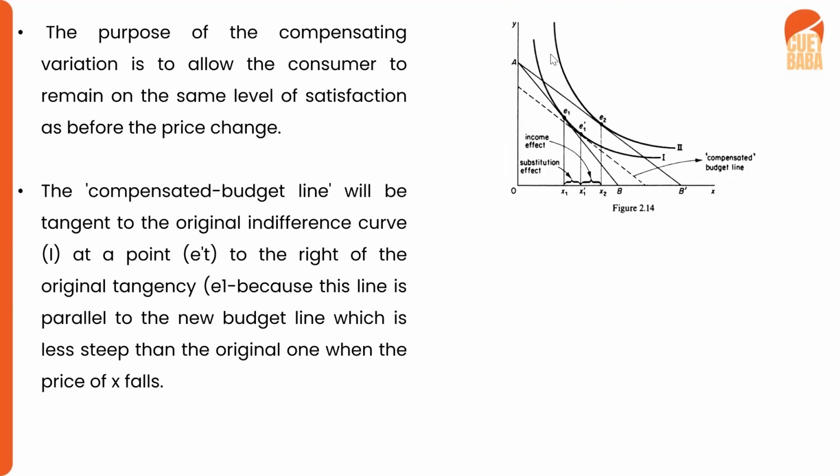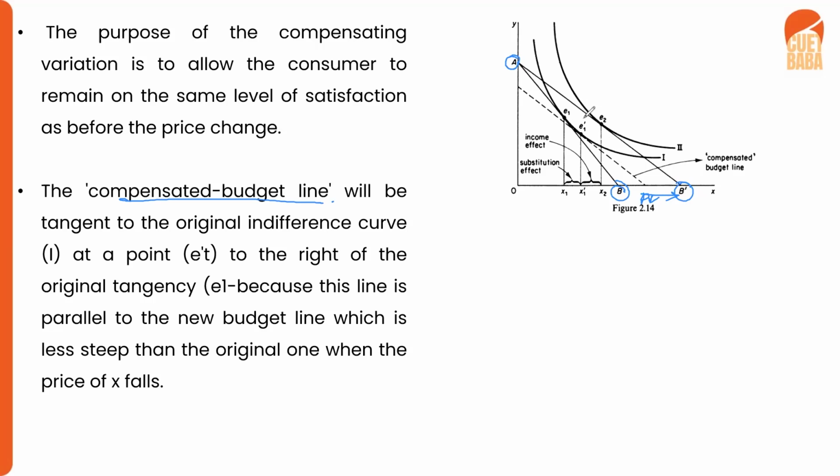Now here we can see the compensated budget line. So earlier we had already seen that the budget line was AB and B dash when the price falls. Right, so it shifted to B dash. Now the purpose of the compensating variation is to allow the consumer to remain at the same level of satisfaction as before the price change.